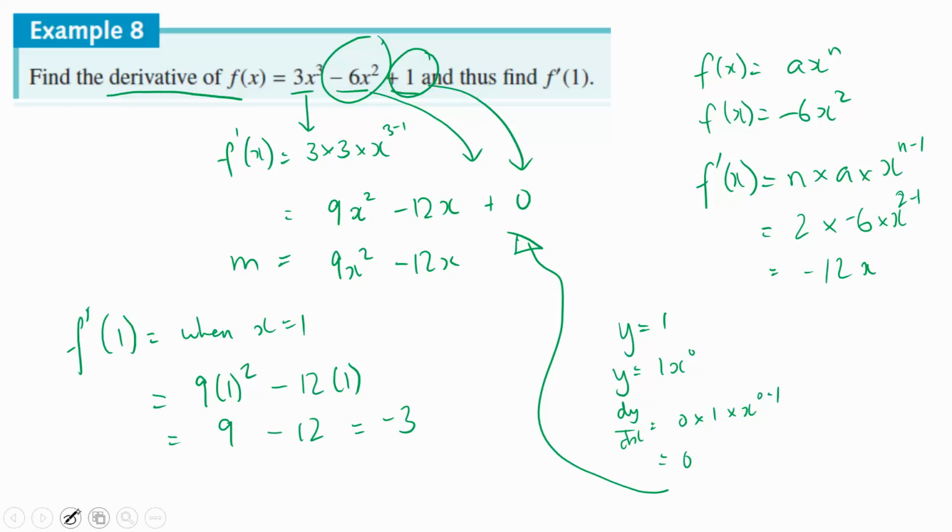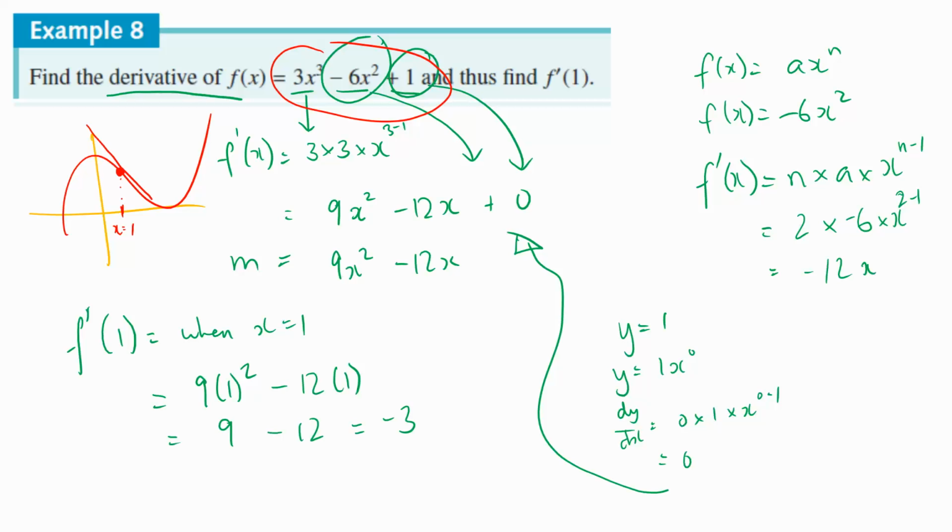Okay? This is essentially what they're saying. They're saying you have a cubic graph. So this graph here, let's say it looks like that. Okay? They're just saying when x equals 1, at this point, if I had to draw a tangent line, I've just figured out the gradient. That's what you just did.